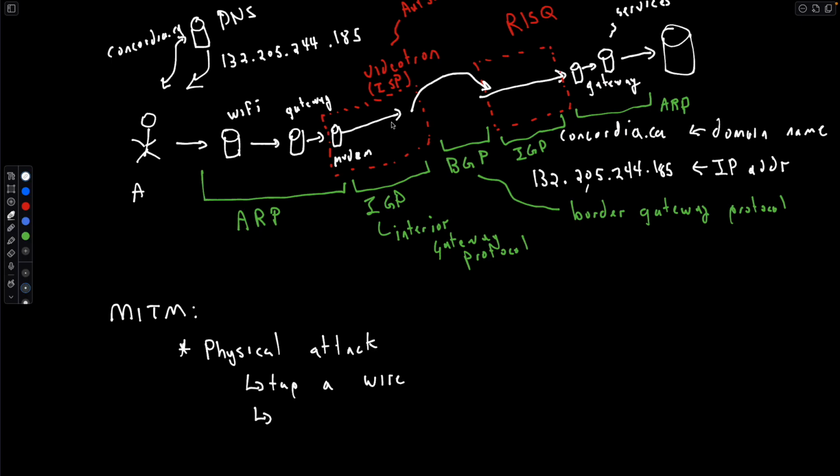Any of these little computers or routers, you could try to infiltrate. If I can get malware on one of these routers, then I can probably program it to either directly inspect traffic or send it somewhere where I can inspect it, and then send it back and it will go on its way. So I can infiltrate the hardware.